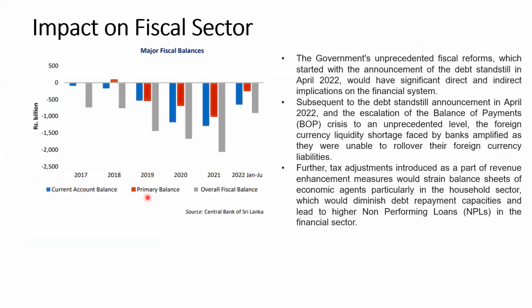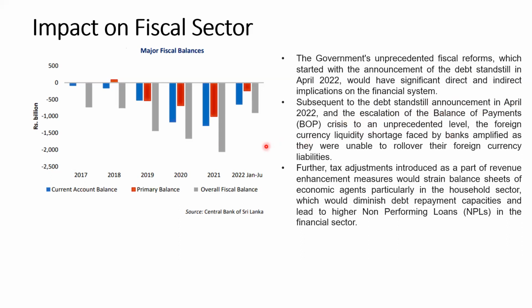Then current account balances. Now 2017, 18, 19, you can see this is the major fiscal balances. Now current account balance mean mainly our BOP is negative. Okay, subsequent to the debt standstill announcements in April 22 and the escalation of balance of unprecedented level.